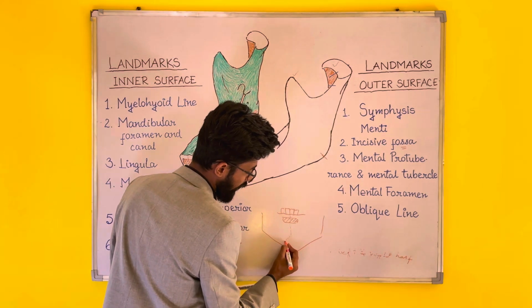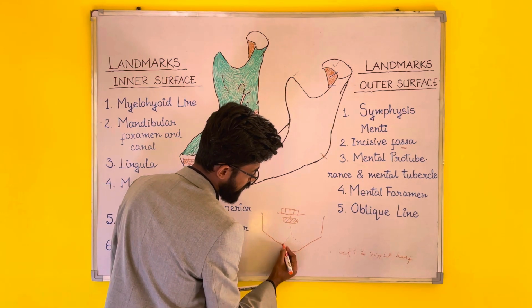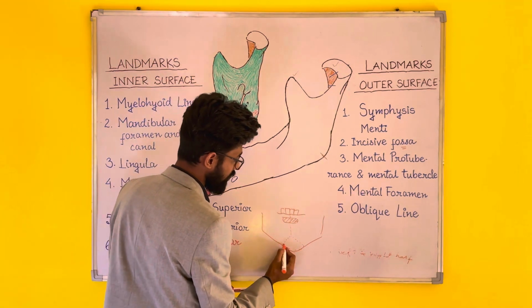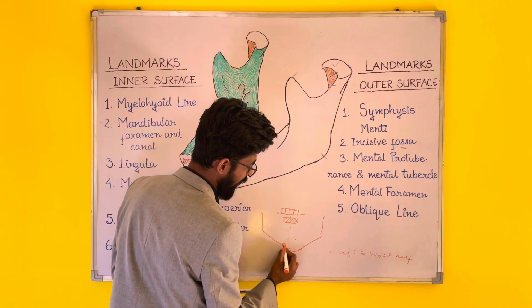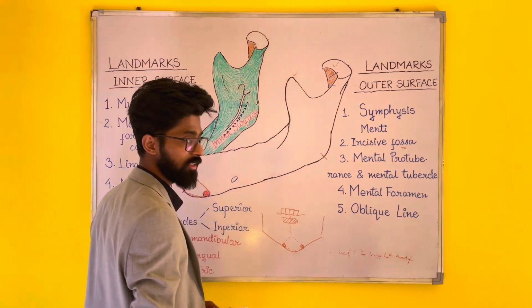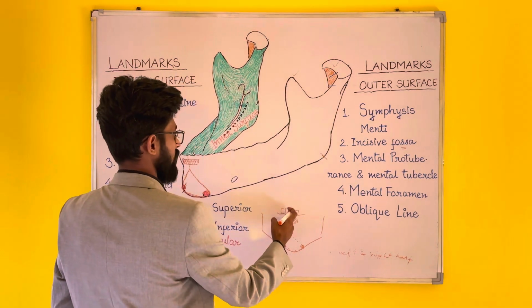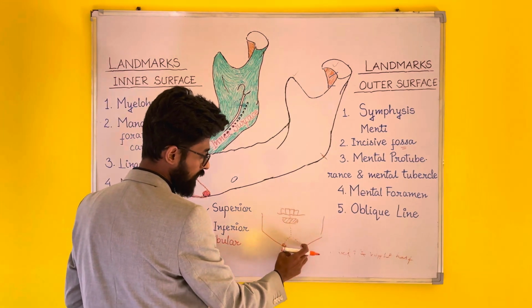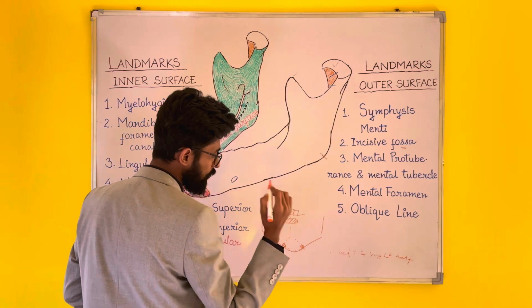A triangular elevated region here is called the mental protuberance, and the inferolateral angles of the mental protuberance are called the mental tubercles, right? This is the symphysis menti, this is the incisive fossa, this is the mental protuberance, these are the mental tubercles.